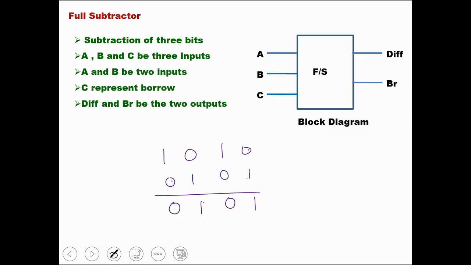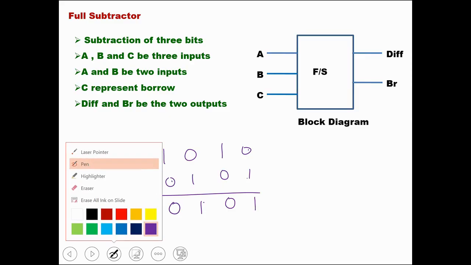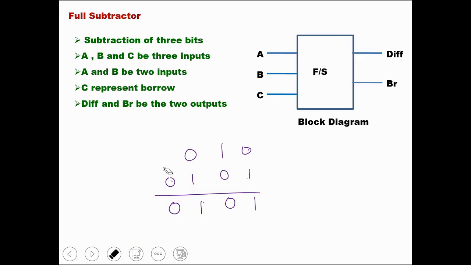So again C. Here we are using borrow also. So we have to consider 3 inputs. So we are getting this borrow from the next higher significant position. So this borrow is taken as C.